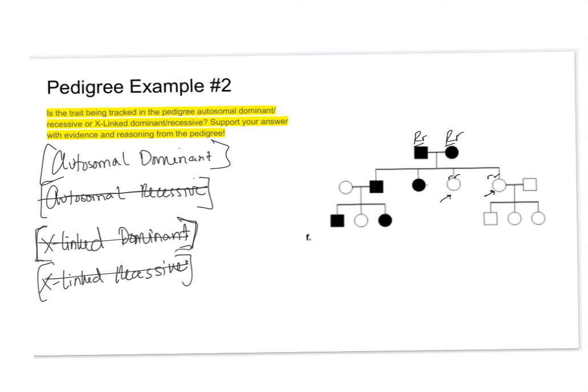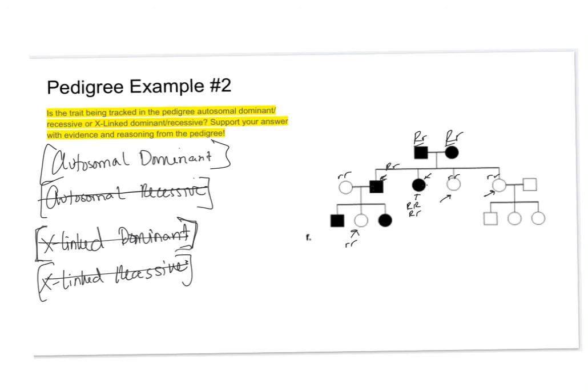These two children here, again, this daughter could either be homozygous dominant or heterozygous, but we know that this son has got to be heterozygous since he has a daughter that must be homozygous recessive. So this all checks out.